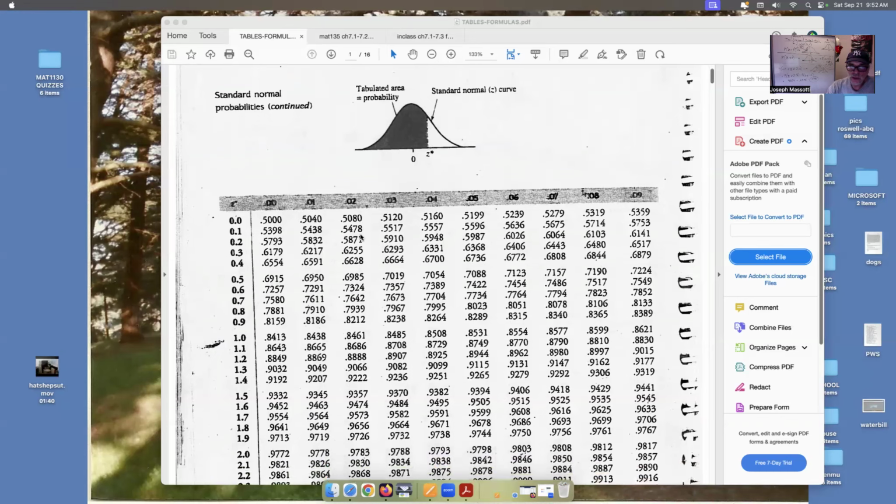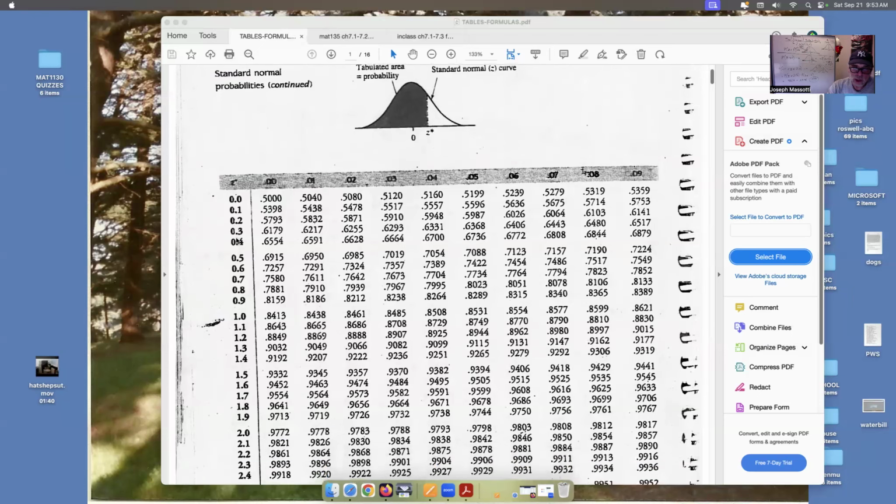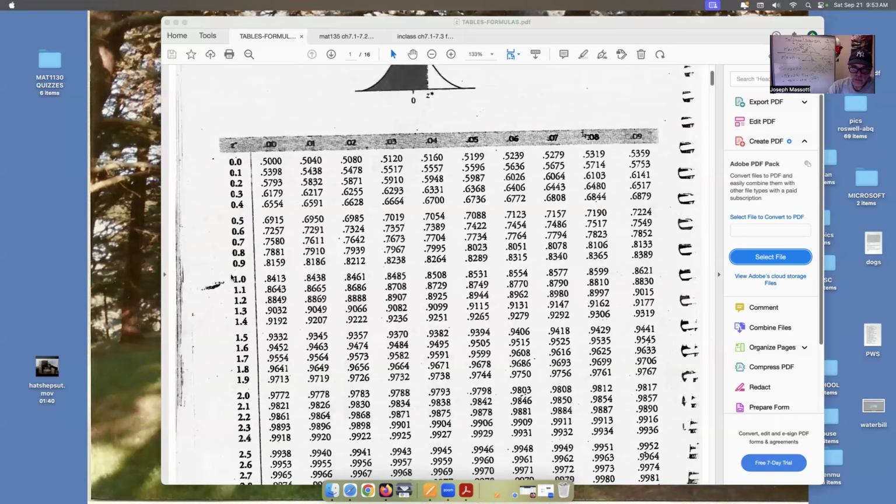So for the first question, the probability that z is less than 1.0, we're going to use this column to go to the tenths and this column to go to the hundredths of whatever z value we're looking at. So 1.0 is here, and the hundredths digit is also zero. This 1.00. So this number here, this 8413, is the probability that z is less than 1.